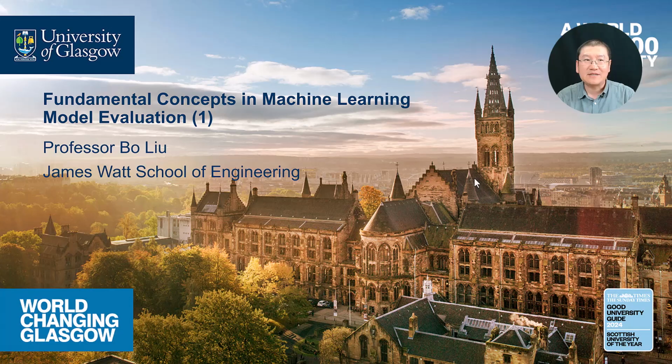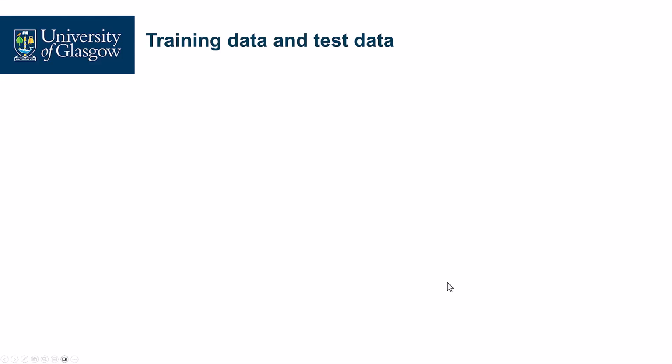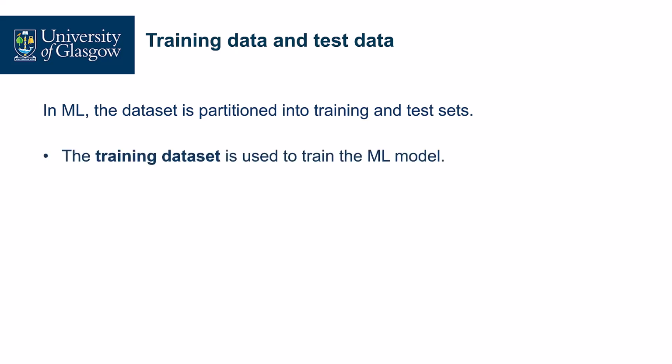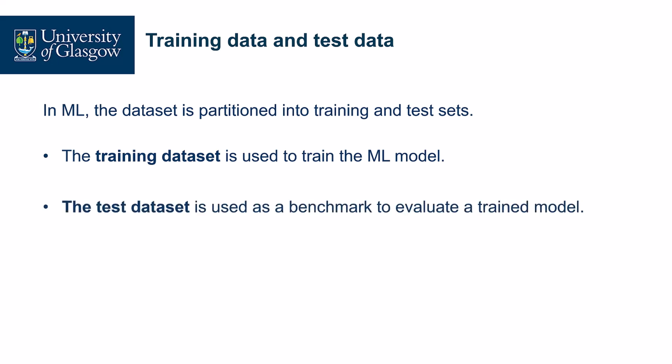In the previous sessions, we talked about the model training process. So in this session and the next one, we will talk more about model evaluation. Last week, we said that in supervised learning, the data set can be partitioned into the training set and the test set. The training set is used to train the machine learning model, while the test set is used as a benchmark to evaluate whether the trained model works well or not.